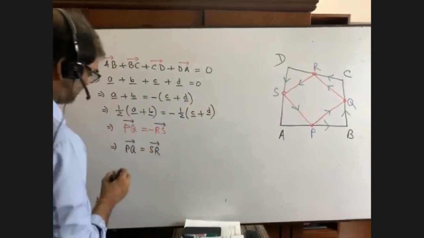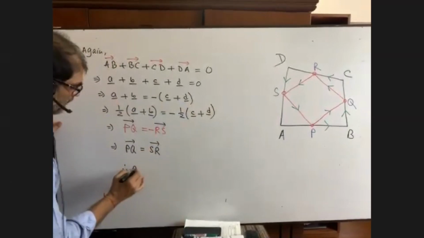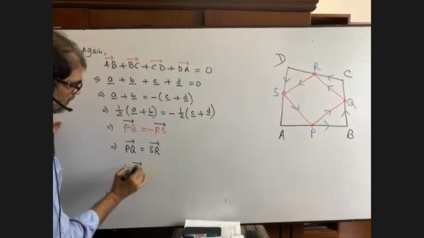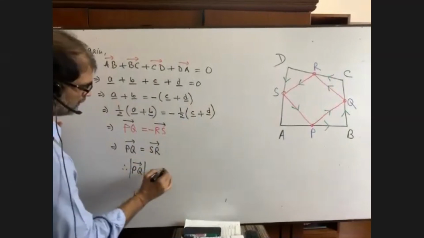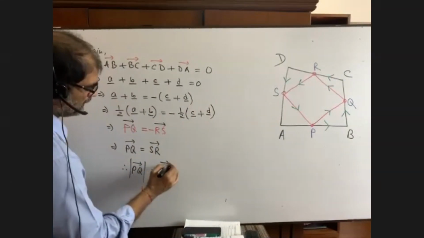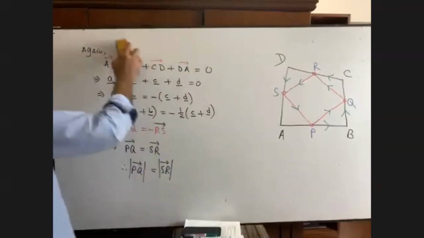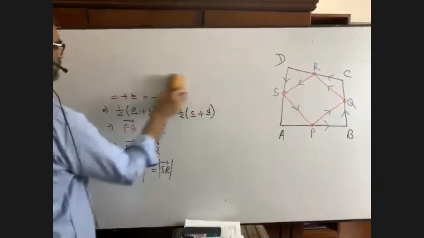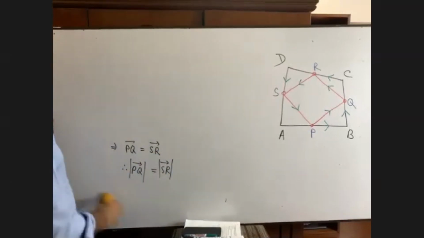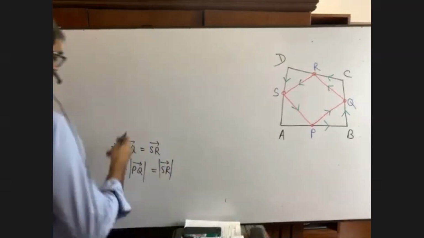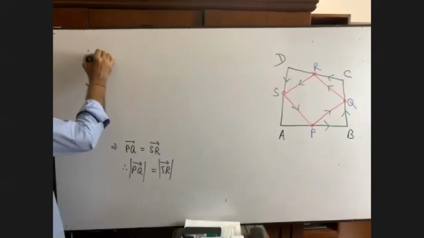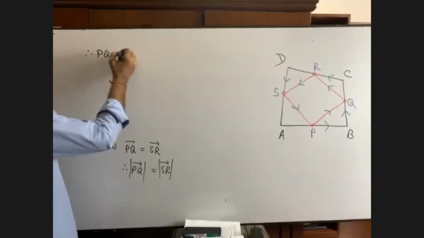So we can write here, therefore, PQ is equal to, yes, sir. Am I right? I told you after that you have to always take the absolute sign. PQ equals to SR.